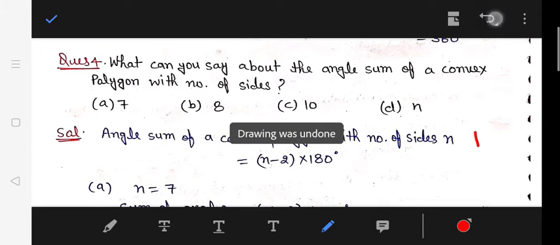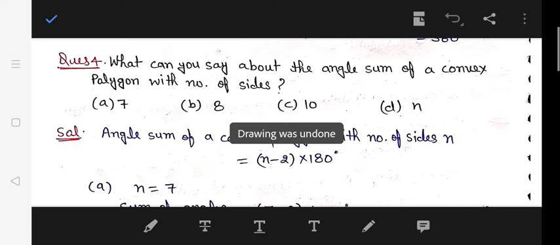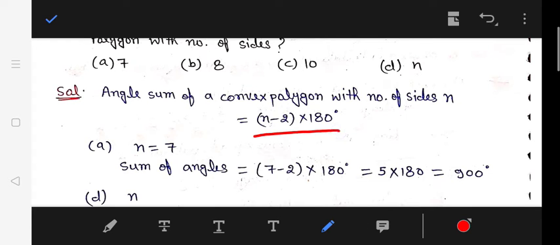So here, the angle sum of a convex polygon with number of sides n is equal to n minus 2 into 180 degrees. I am going to explain the first. Here n equals 7, number of sides n equals 7, then the sum of angles equals, what is the formula? The formula is n minus 2 into 180 degrees, and in place of n, 7 is there. So it will be 7 minus 2 into 180.